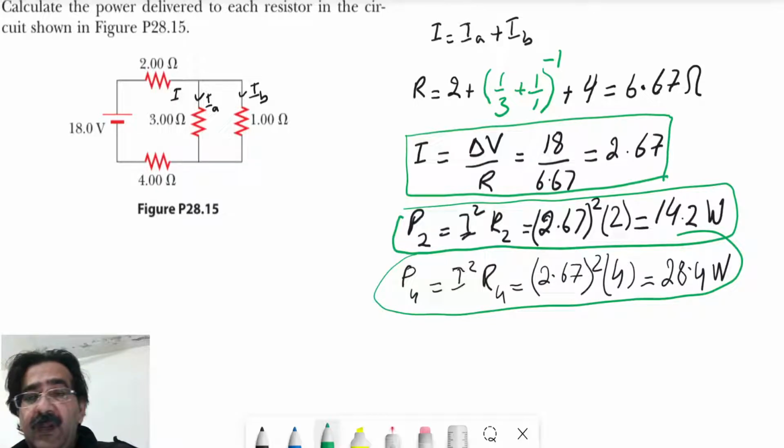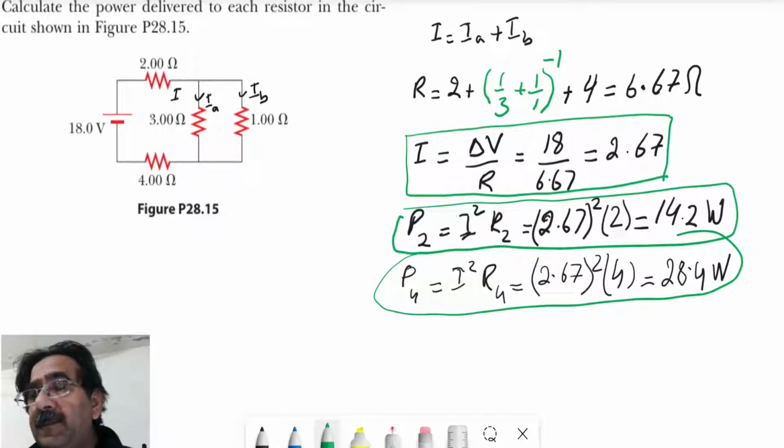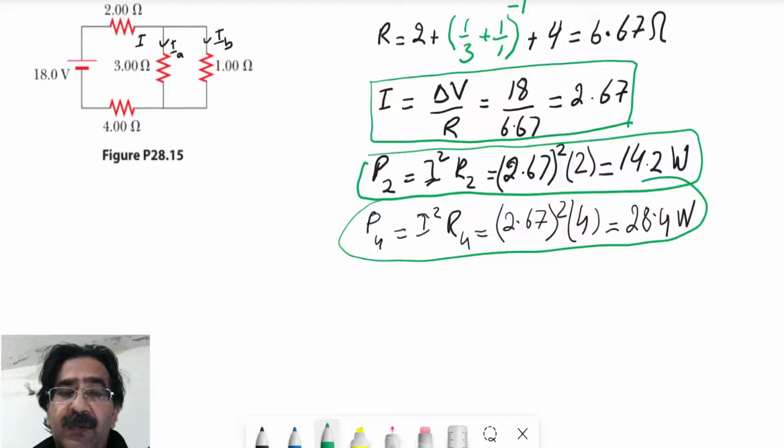Okay, now we have to calculate the voltage to find the other parameters. We have to find the voltage drop at this point because both have the same voltage drop here.